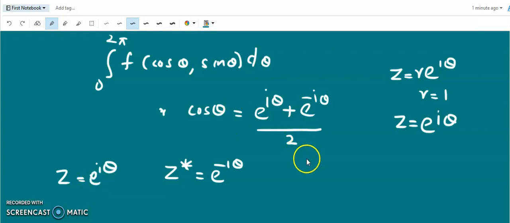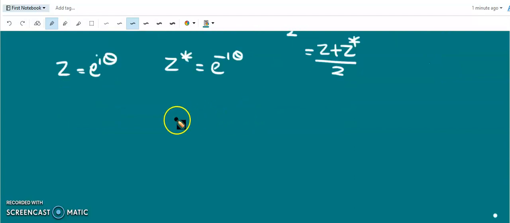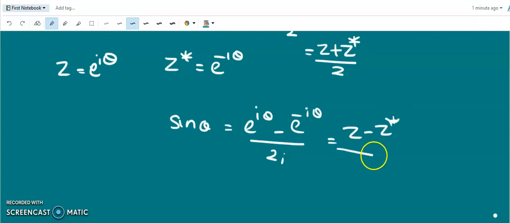So this cos theta can be written as z plus z star by 2. And similarly, we can write sin theta as e to the power i theta minus e to the power minus i theta by 2i. So that is z minus z star by 2i.